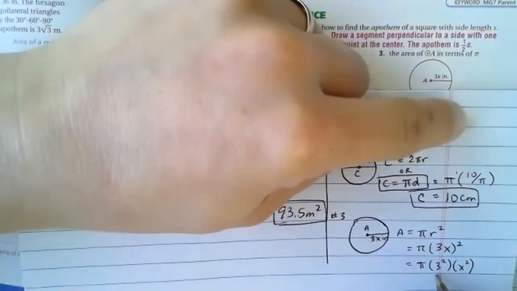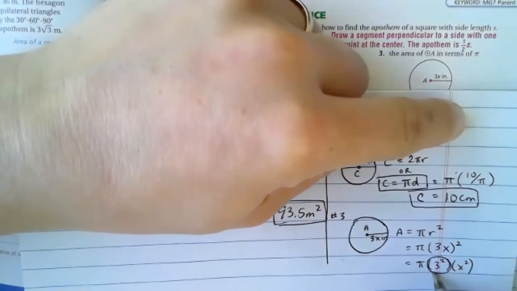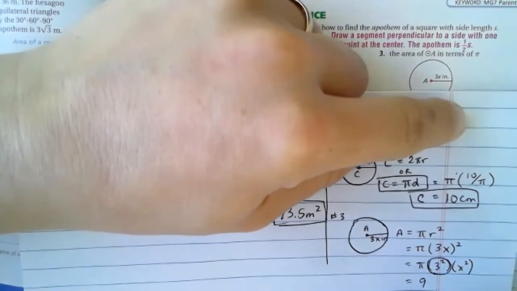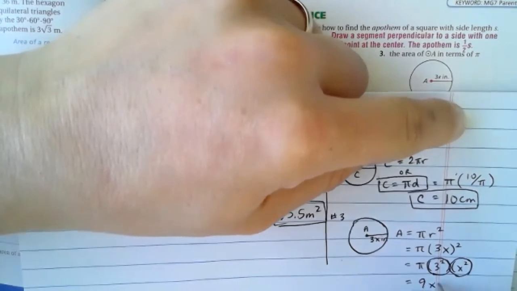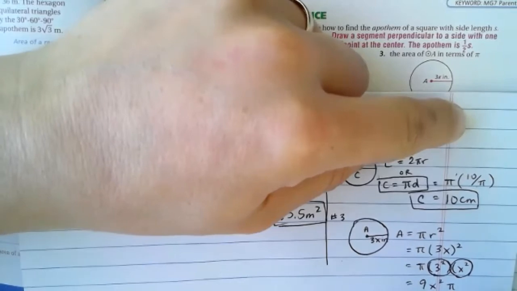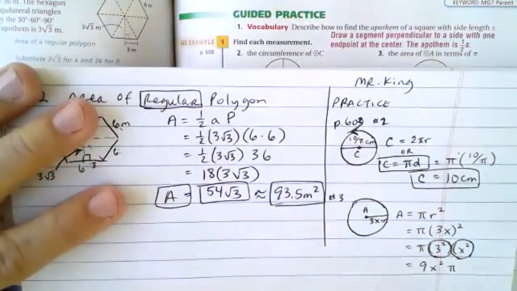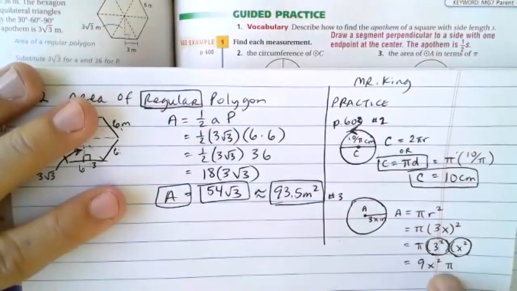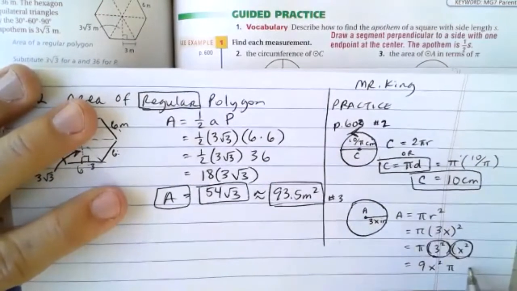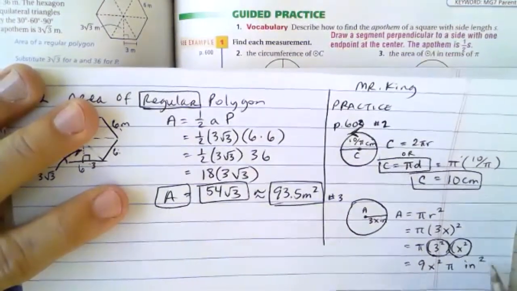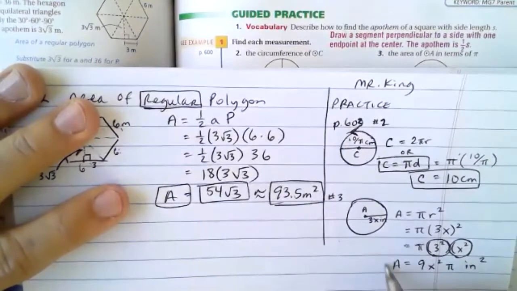So in this case, 3 squared is 9, right? Then x squared comes next, and your pi comes last, okay? So the way you would write this would be 9x squared pi, and this is in terms of inches squared. Why is it inches squared?